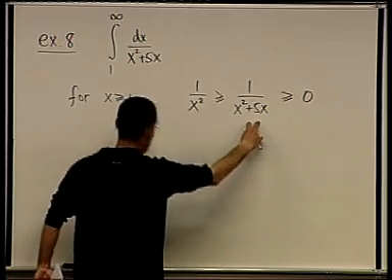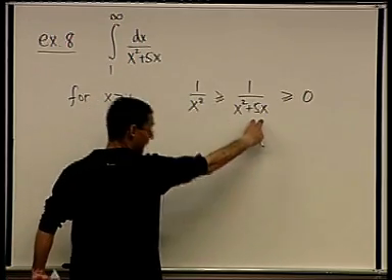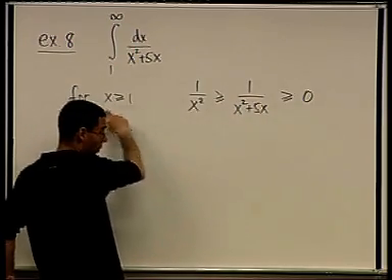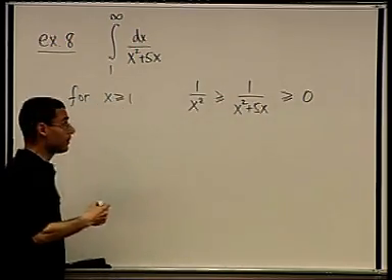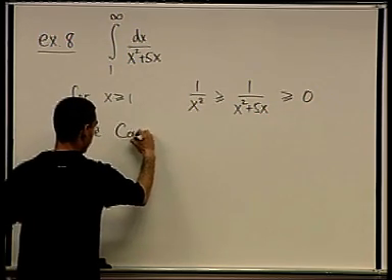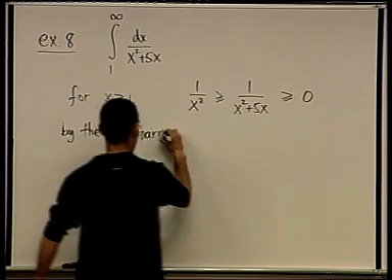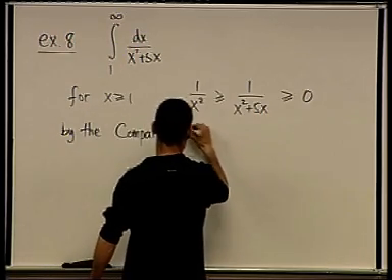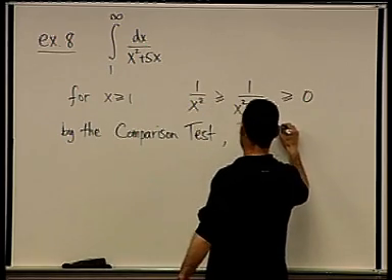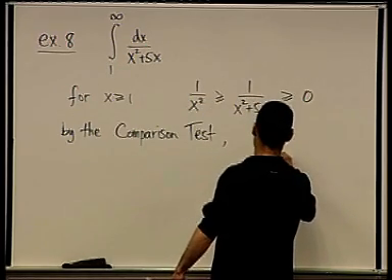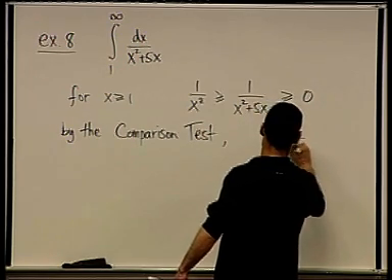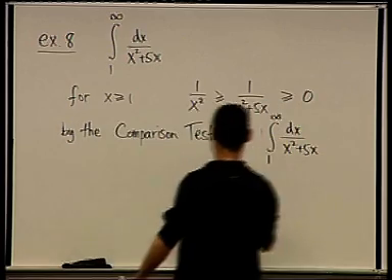I have f and g, or which was the bigger? G and f, both are positive when x's are greater than 1, and one is bigger than the other. By the comparison test, the integral from 1 to infinity of dx over x squared plus 5x converges.